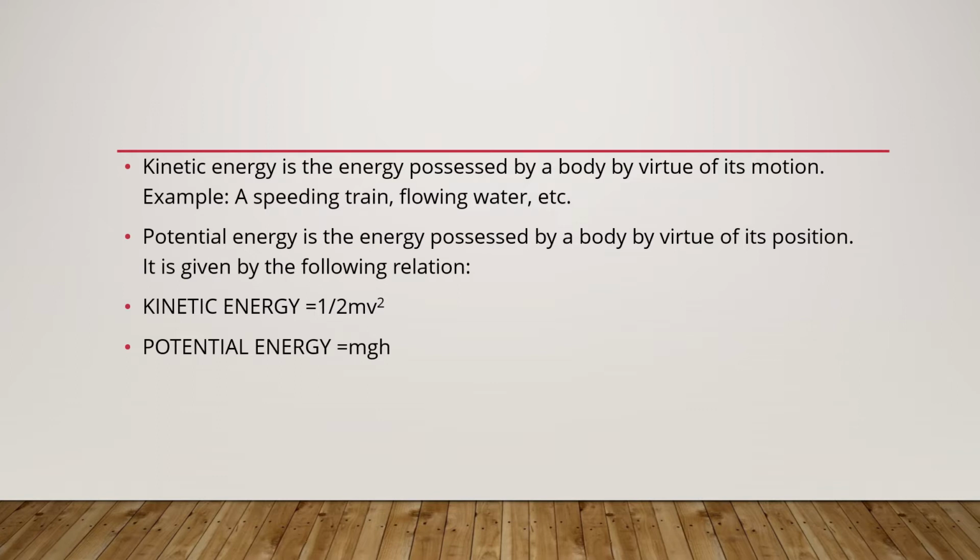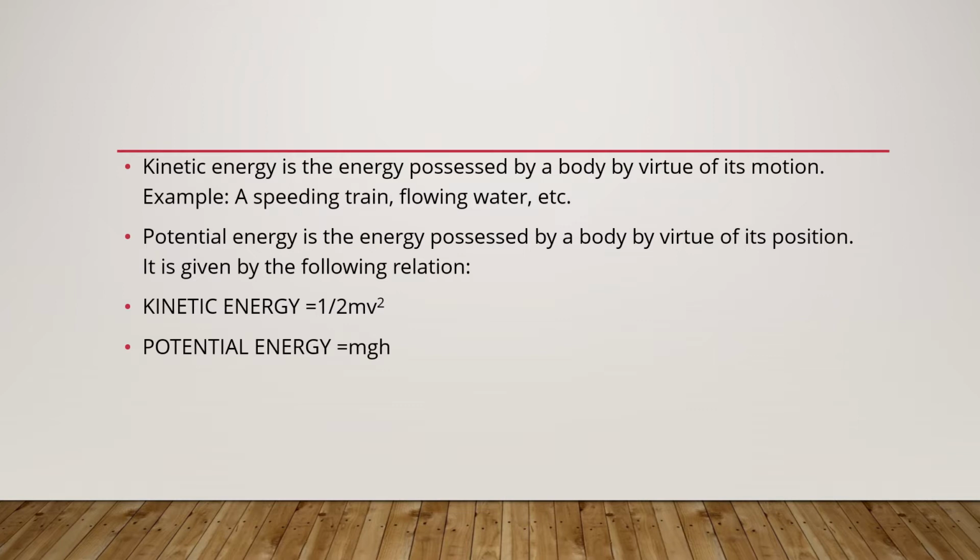Kinetic energy is the energy possessed by a body by virtue of its motion. The word kinetic itself tells you that it is something related with motion. So by virtue of its motion, because of its motion, we are getting that energy.